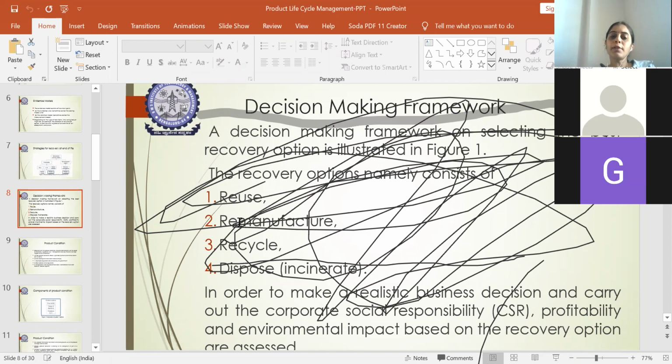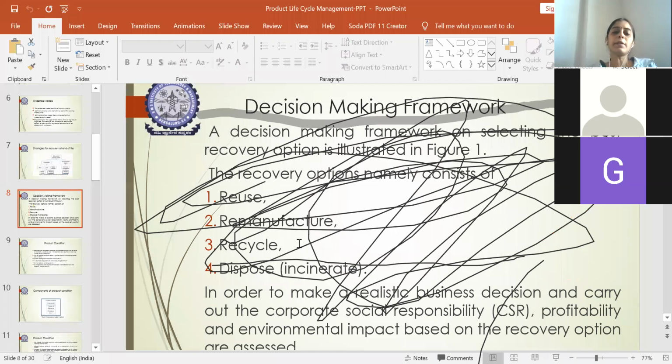But if there is a good trend of profitability even at the last stage and it has a good eco-friendly concept of the materials in it, then it will be directly feasible for remanufacturing of the same design of the product. And the third one is recycle. The profitability has come down and it is very eco-friendly material.